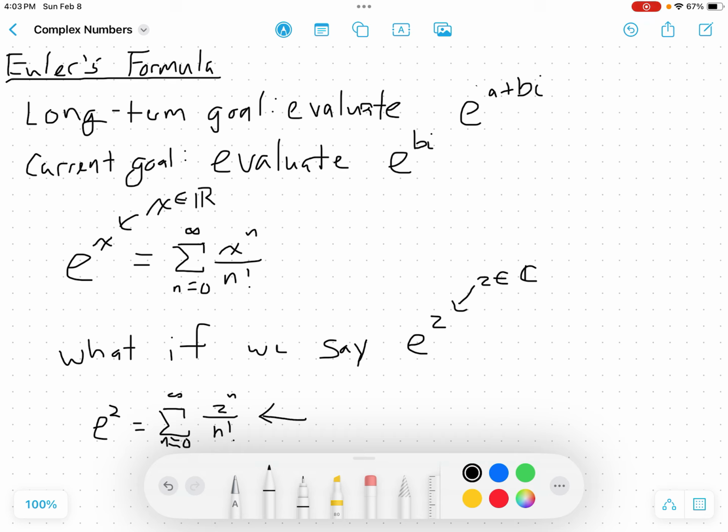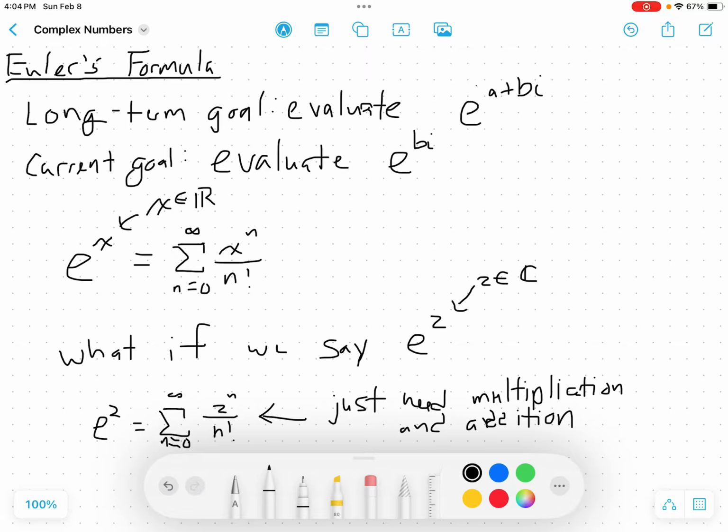The operations involved in evaluating the right-hand side of the equation would just be multiplication of complex numbers, division by real numbers, and then addition of complex numbers. So we could at least find all the partial sums of the series.